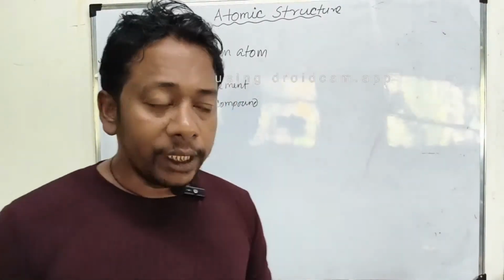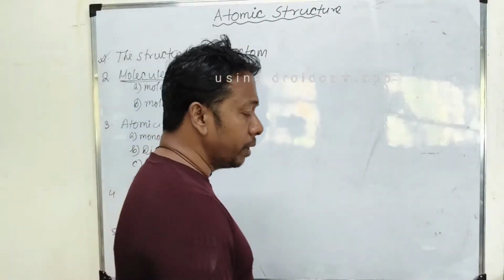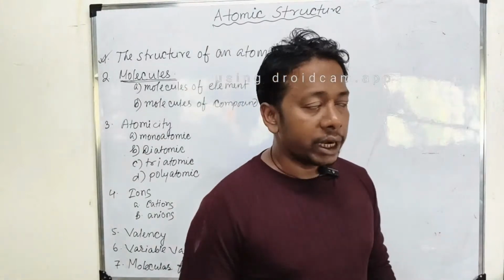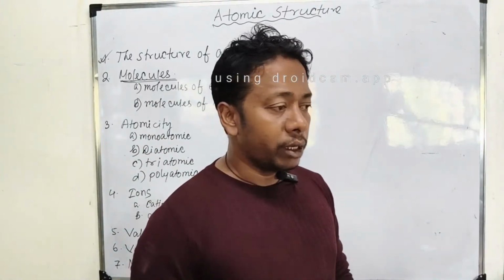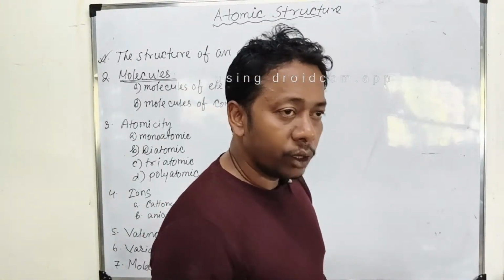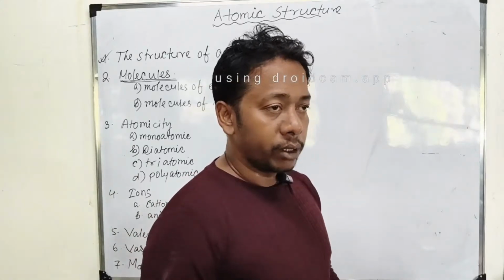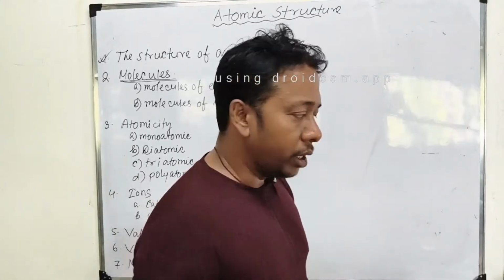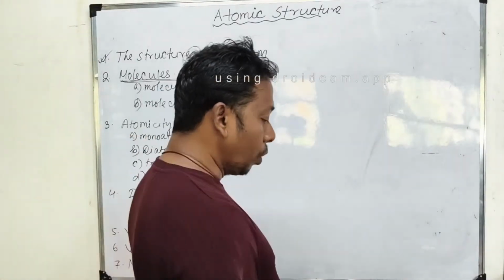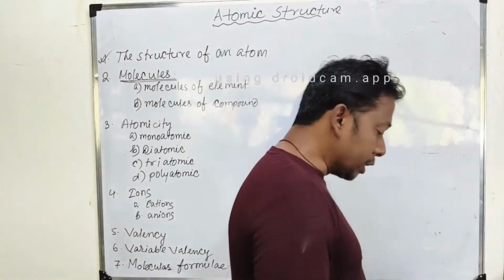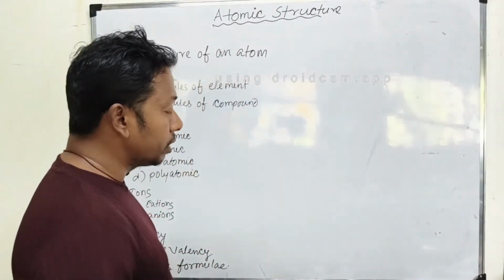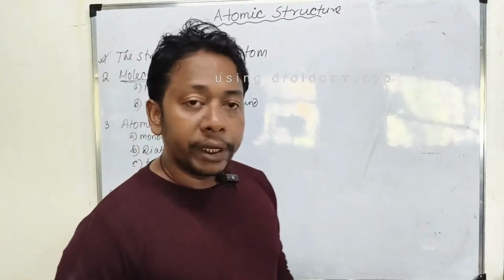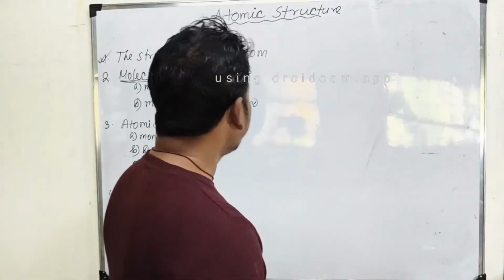Basically, atoms do not exist in an independent way because they are very reactive. So an atom can bond with another atom of the same kind or a different kind and stabilize. So a molecule is the smallest particle of a pure substance capable of independent existence.